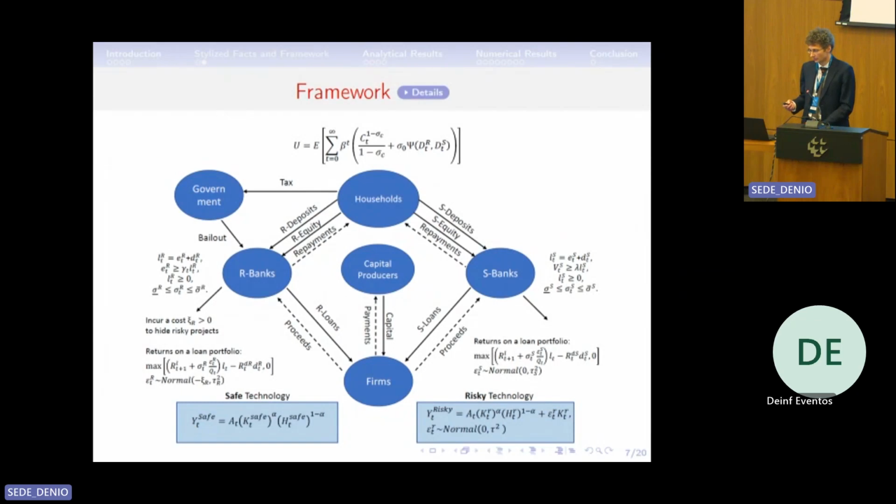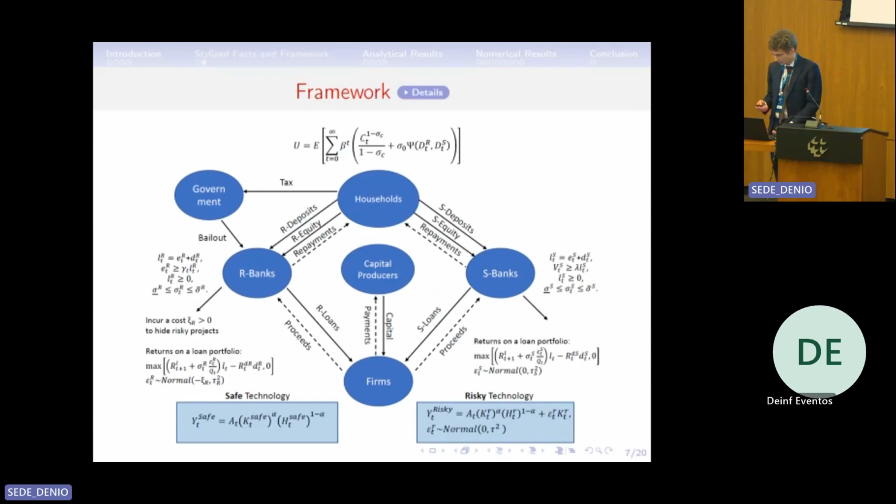Households fund two types of banks, regulated banks and shadow banks, with deposits and equity. Banks finance two types of firms. One is subject to only aggregate shocks; I call them safe firms. Risky firms have technology that is also subject to an idiosyncratic shock epsilon that follows a normal distribution with zero mean and variance tau squared.